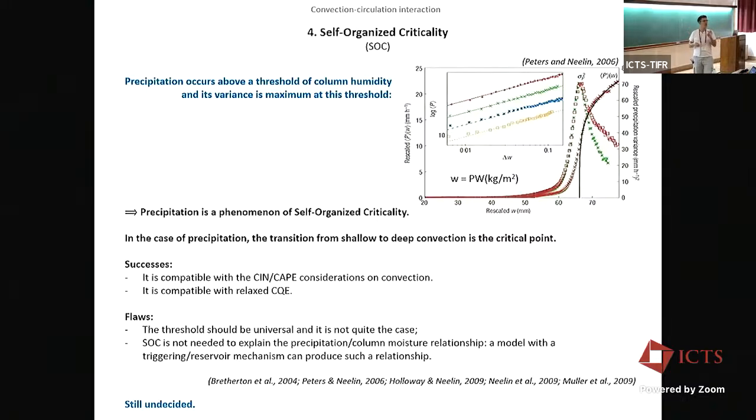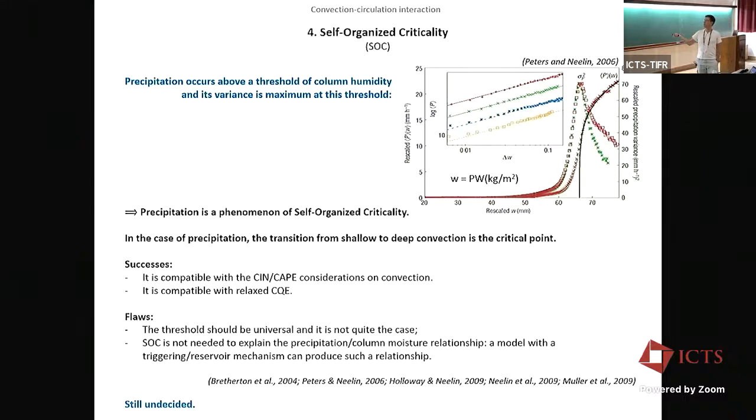Even if you do look at the column relative humidity, there's a little bit of wiggle room right at the critical point, because your data is going to be fairly noisy. It's also a little hard to know exactly where the critical point is, because after that you can fit your curve.